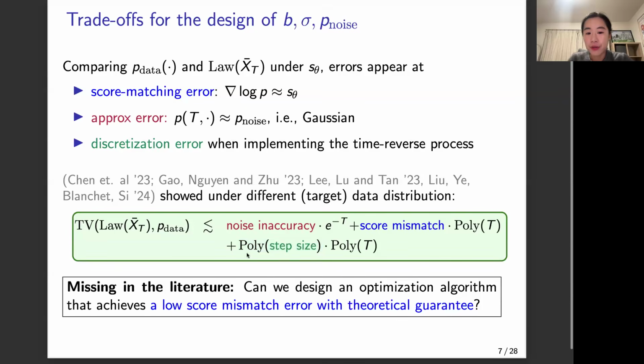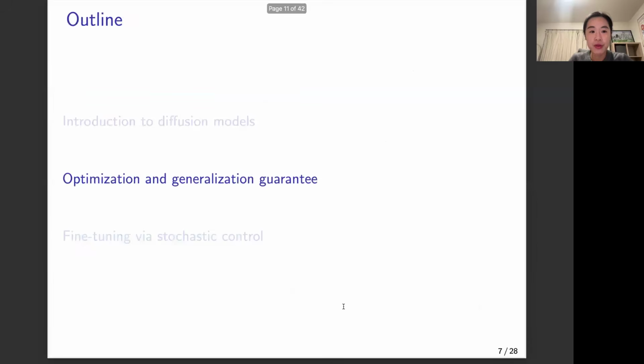So that's why we refer to the literature for the third part, and we focus on investigating the score mismatch error, because this is something new from the diffusion model design. Yeah, this is the main motivation when we started looking into this problem 2 years ago. So I'll talk about the optimization and generalization guarantee to guarantee a small score mismatch error.